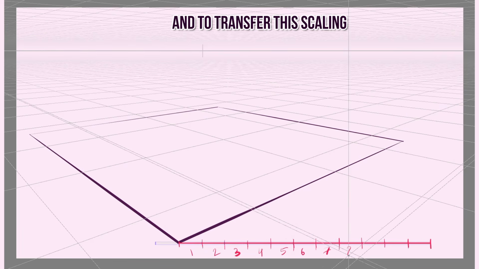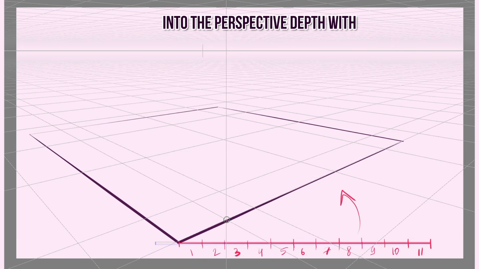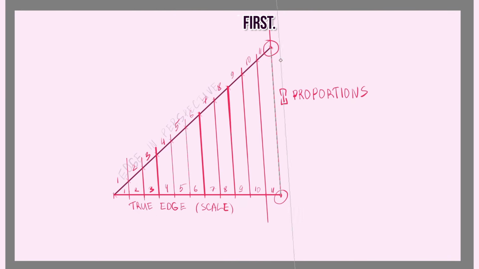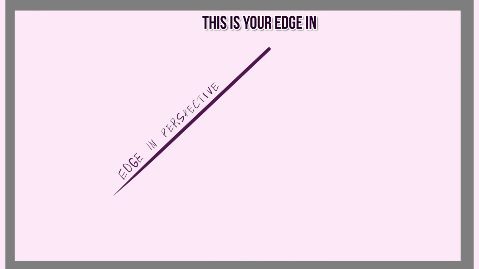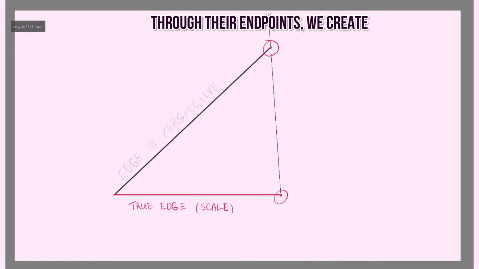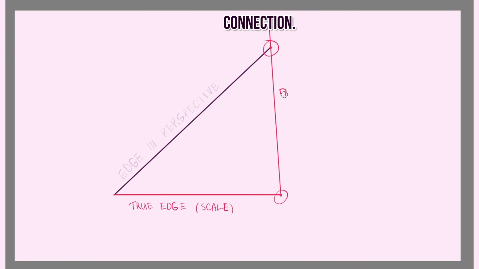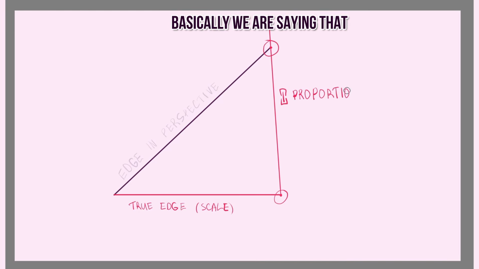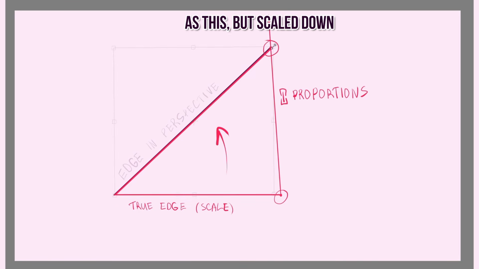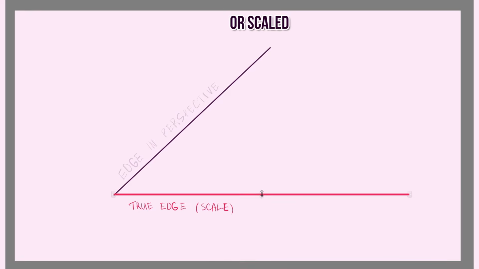And to transfer this scaling into the perspective depth with shortening, check this flat scheme first. This is your edge in perspective. This is your true edge. If we draw the line through their endpoints, we create a connection. Basically we are saying that this length is the same as this, but scaled down or scaled up.